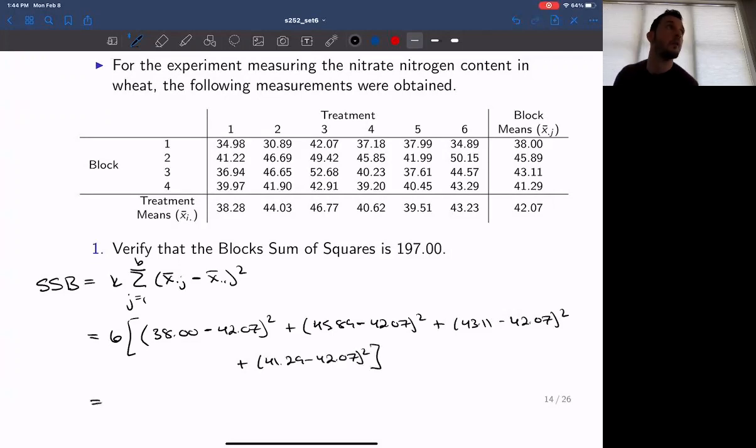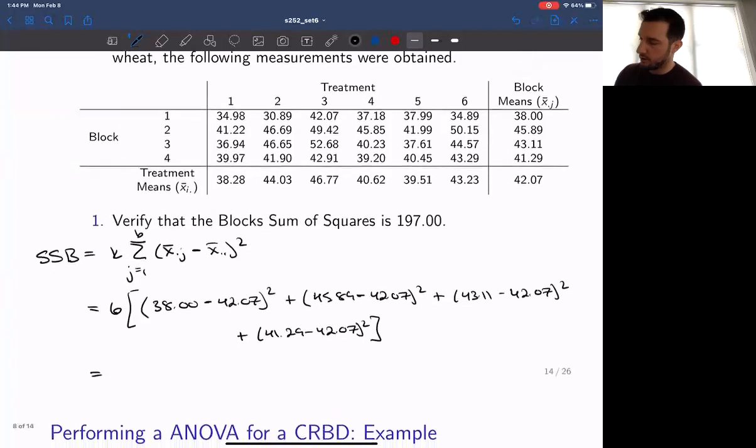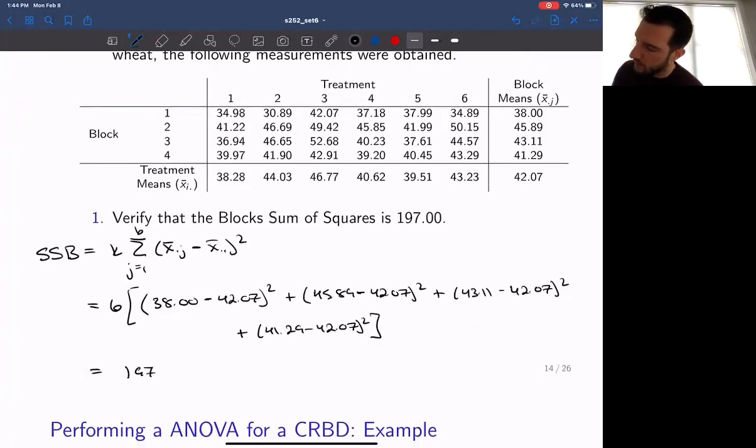Okay, and then this should give us 197.00. But again, this is just an illustration of how the formula works. The treatment formula would work in the exact same way.